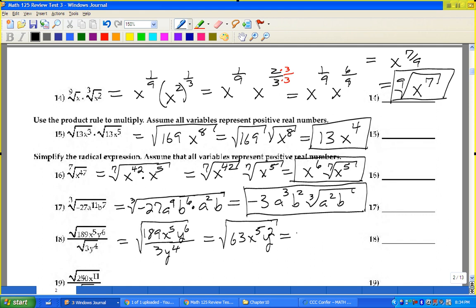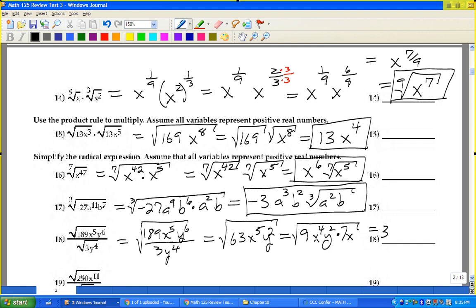Okay. Let me write 63 as 9 times 7. Let me write x to the fifth as x to the fourth times x, and y squared is just y squared. And so this is equal to, the square root of 9 is 3.